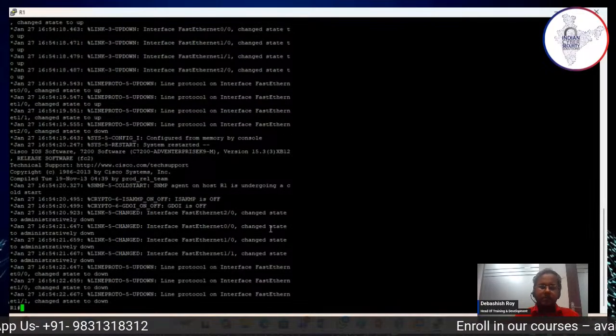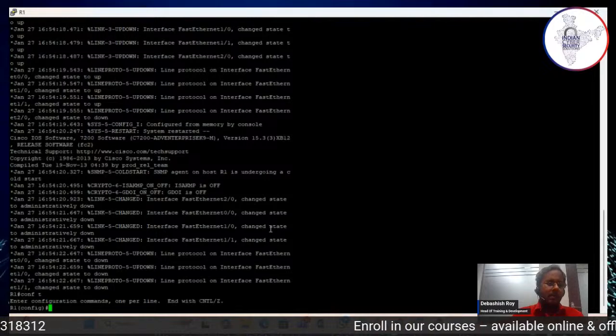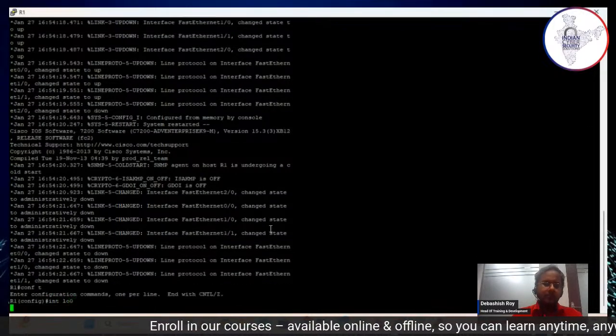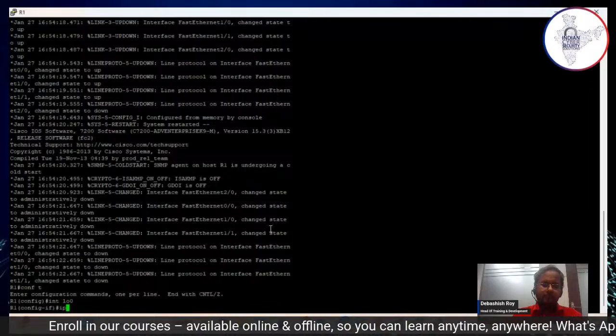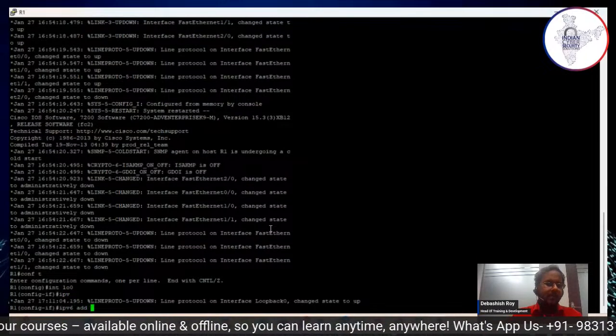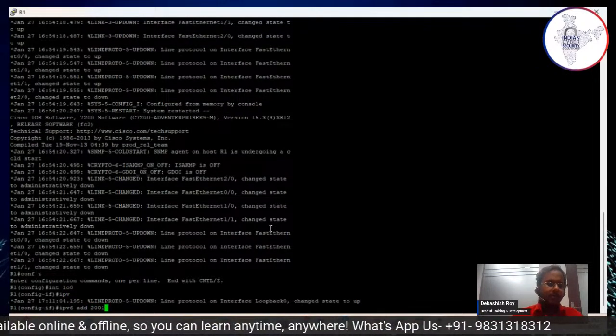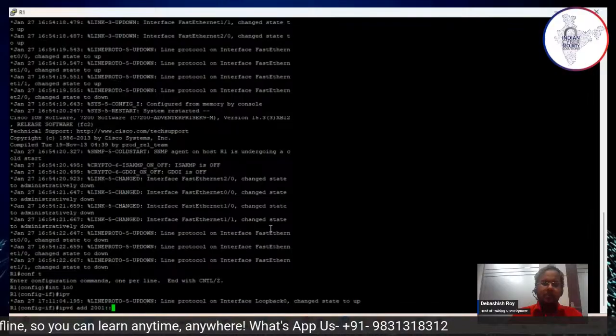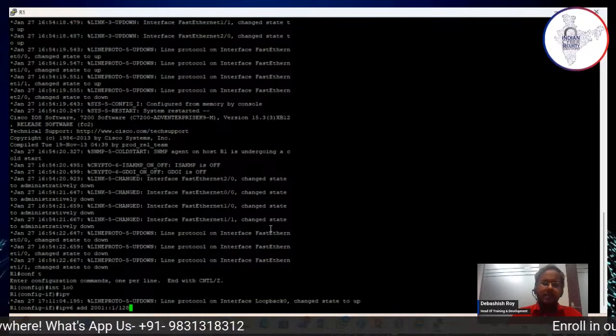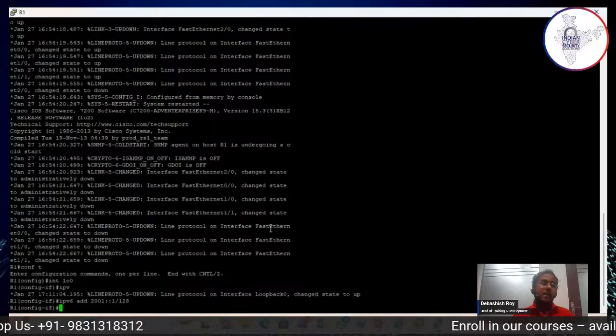So let's go to the router console and give the IPs. Interface loopback 0. IPv6 address is 2001::1, and you can give /128, that is the IPv6 prefix. In IPv6 there is no CIDR, so it is only the prefix.